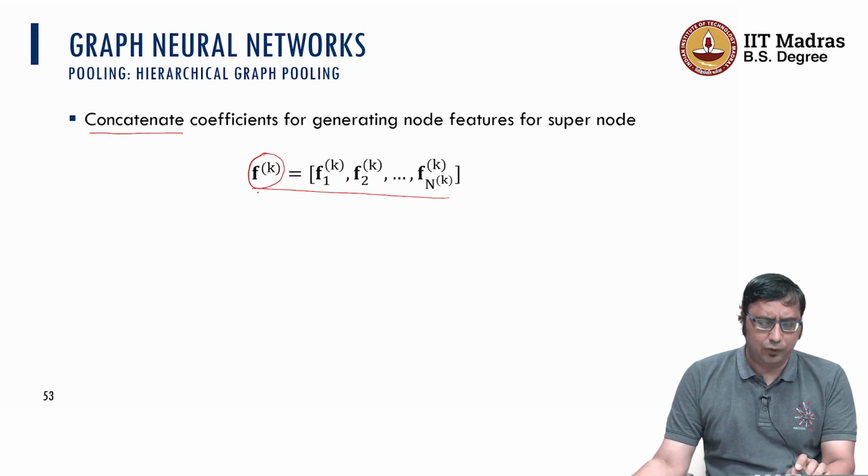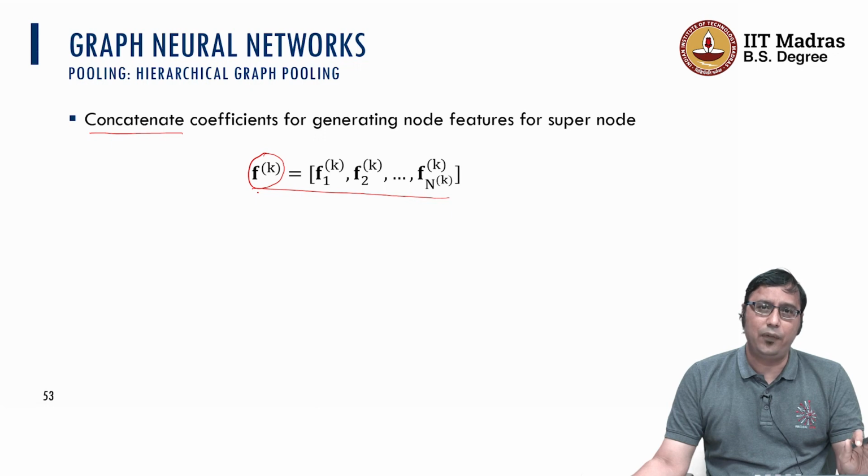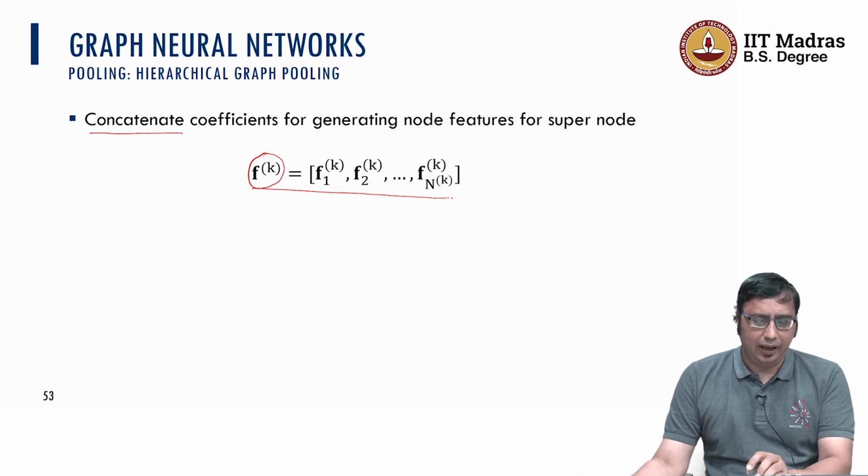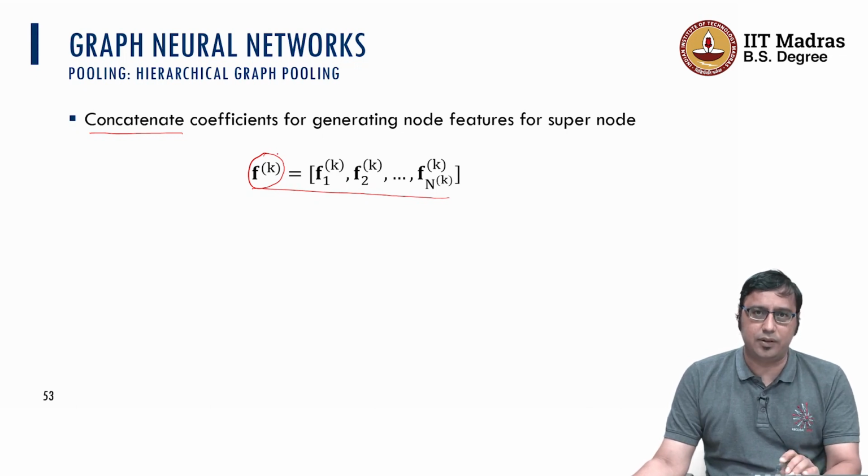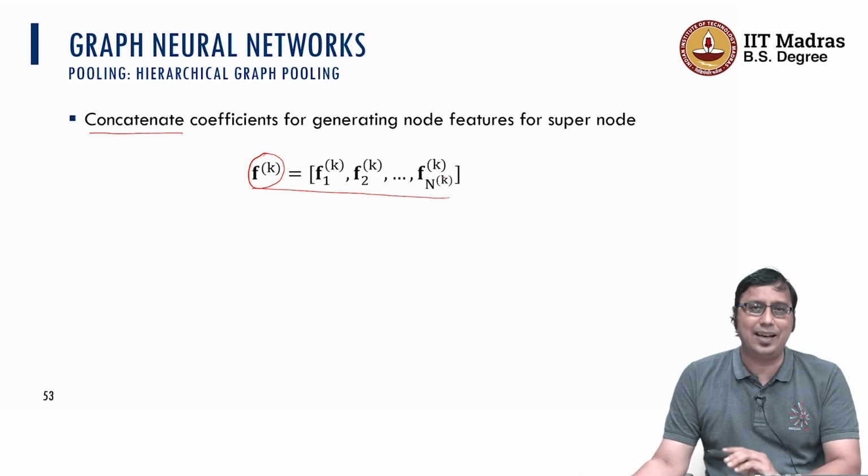Now, if you think very carefully, when we perform spectral clustering, we get a different number of nodes in different clusters. And here the concatenated coefficient vector f^k for the kth cluster has a different size depending on n_k.